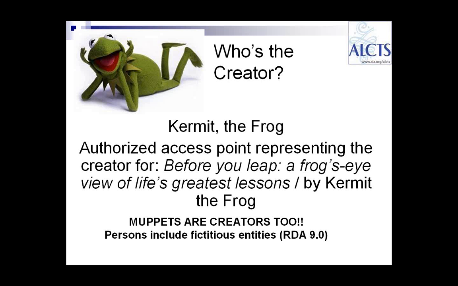But under RDA, he is an authorized access point representing the creator, because in RDA, persons include fictitious entities, and that's RDA Guideline 9.0. So Muppets are creators too. This will make Kermit very happy. Maybe he can impress Miss Piggy.